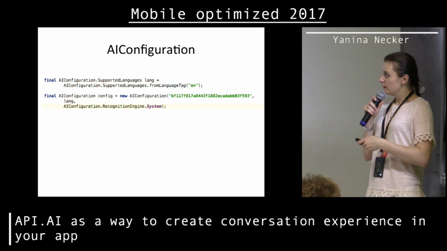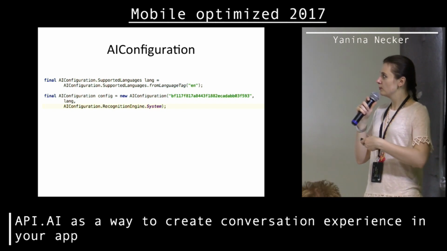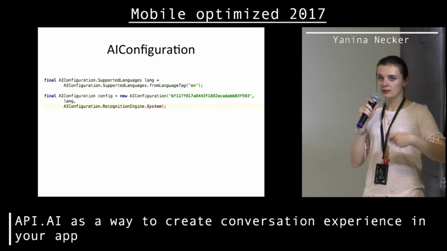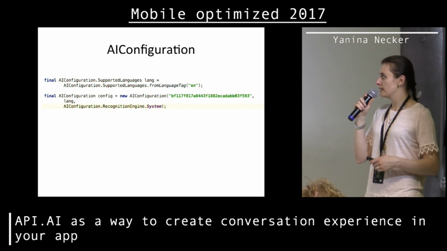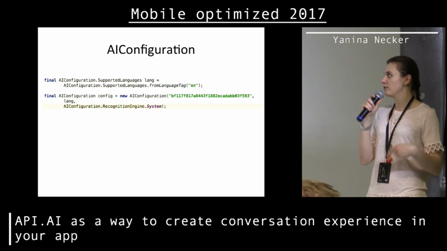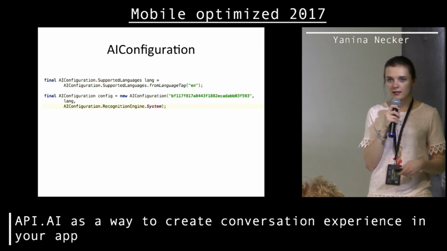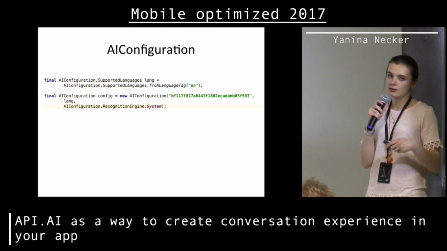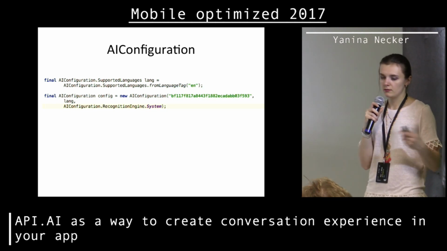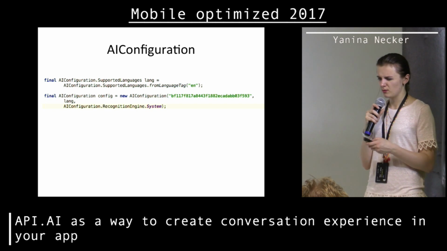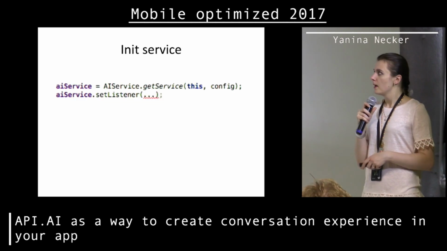And here I provide a configuration for the English language with the token of the agent that I have just demonstrated to you. You can also select a speech recognition engine. It can be the one from API.AI, it can be the inbuilt speech recognition in Android, and there is one more. There are three. That's it.